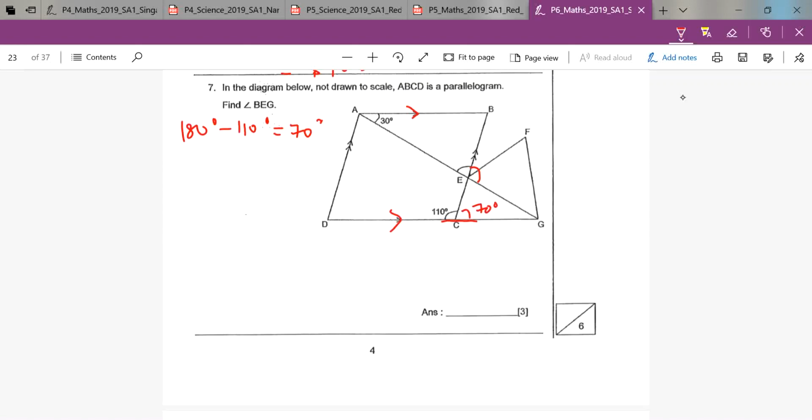Alright. And then I'll use the, you see this is an alternate angle, right? So this is also 30.